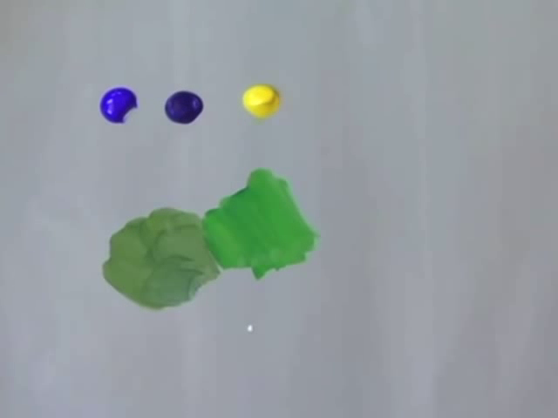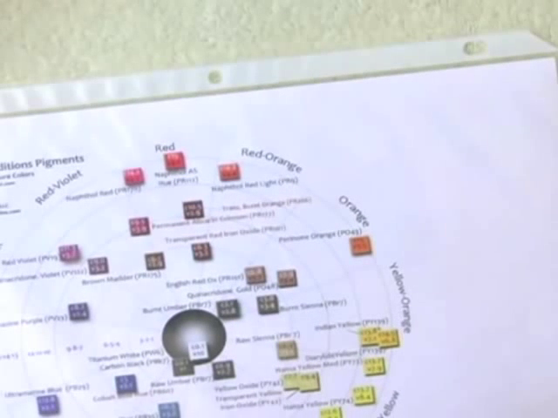And now you're going to say, well, how in the world did that happen? I don't understand. Okay, let's take a look at this. I have a marker, and as you notice, I printed the pigment wheel out and put it into a sleeve so I can play with it.